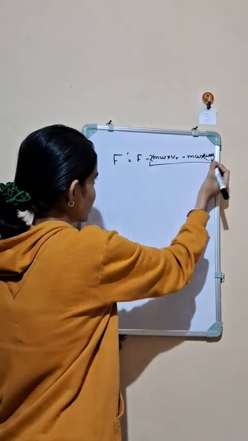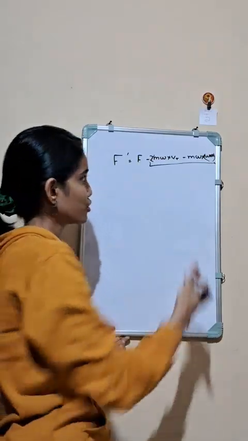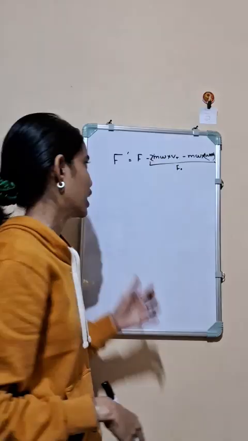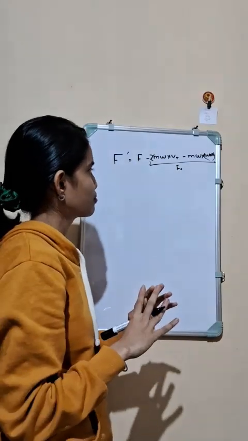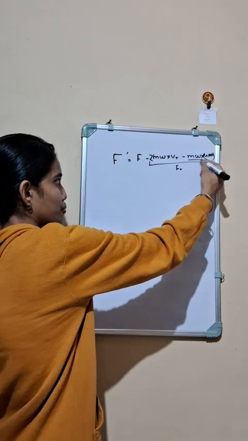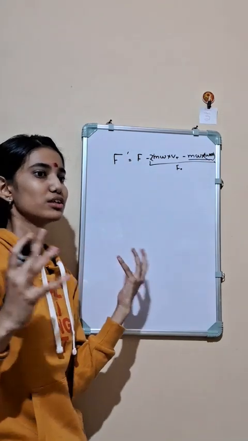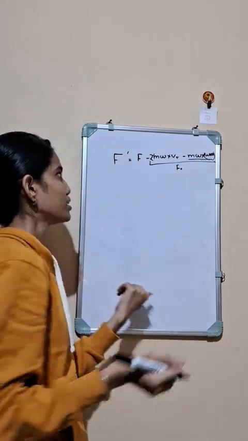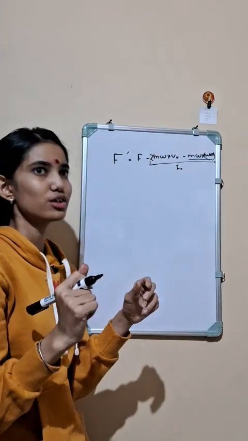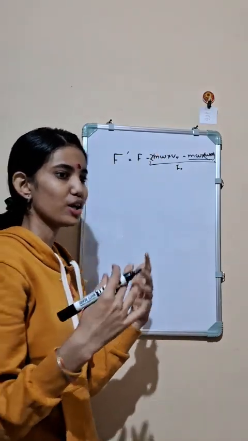We can say that this is the total pseudo force and denote it with F naught. And here the things are covered: we will experience a centrifugal force even if we are sleeping on our bed, and we will experience a Coriolis force if we are traveling somewhere on our flight.